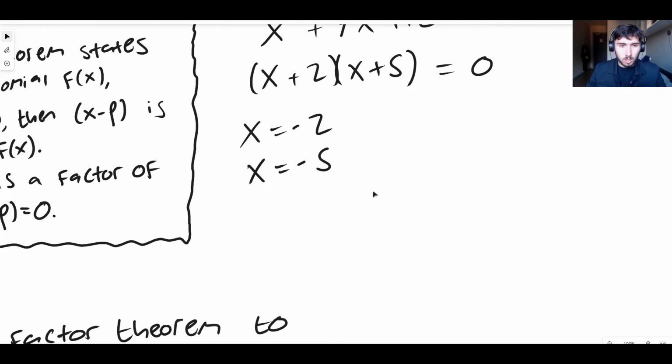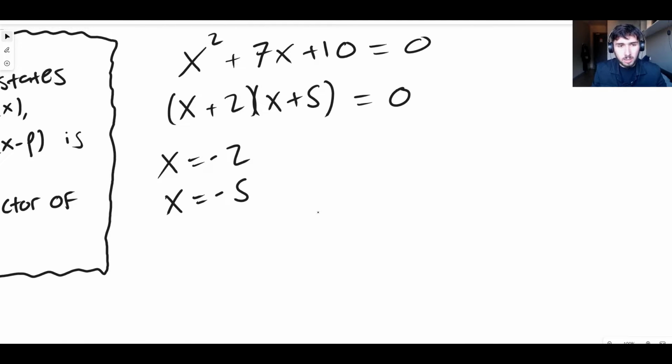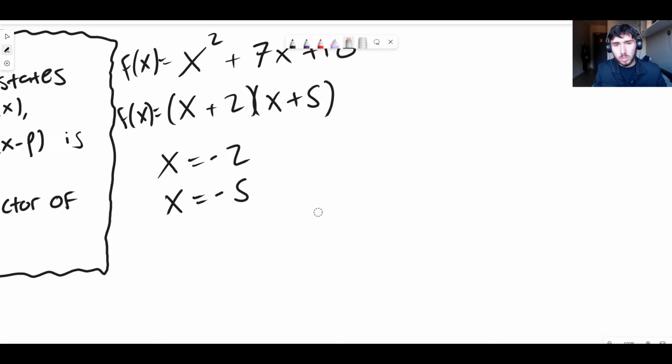Look at this thing right here. If we call this function f of x, and we'll say this is f of x, they're the same thing, remember. And when it's not equal to 0 anymore, we'll say it's not equal to 0. Well, we know what f of minus 2 is. It's 0, we just solved that.